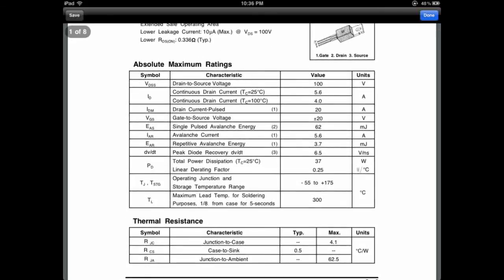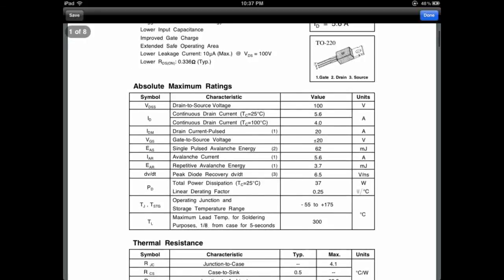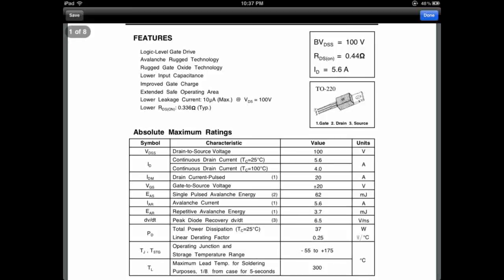Power MOSFETs, yeah, are a little bit different. There's a lot of different types. There's planar and trench and all that stuff. But for the basics, what you guys need to know is basically they work like a switch. You give them 3 or 5 volts, just like what the microcontrollers put out, gate to source, and they'll turn on and they turn off.